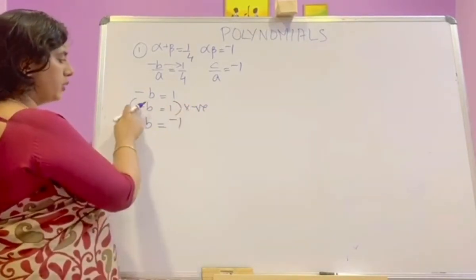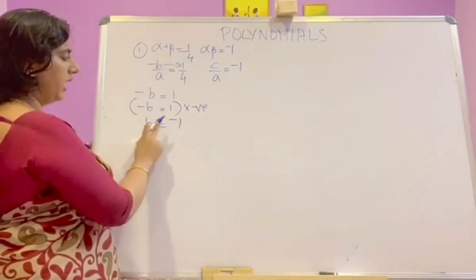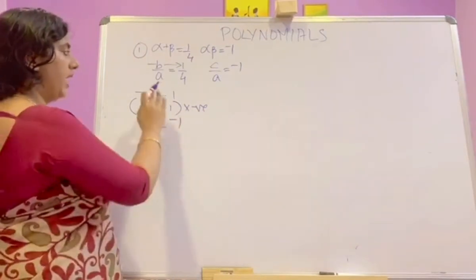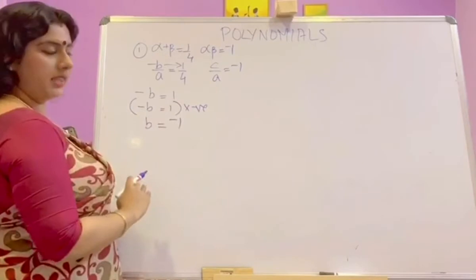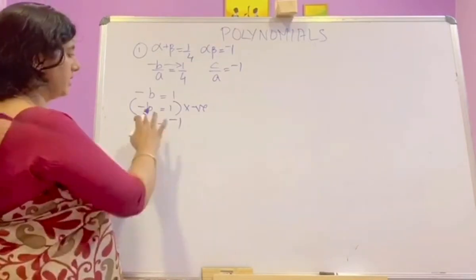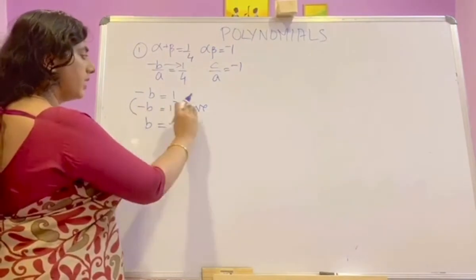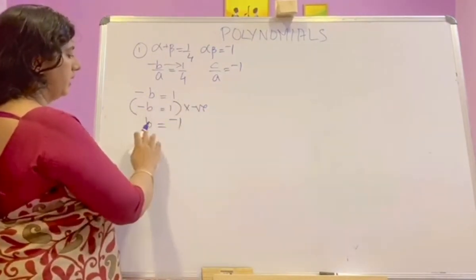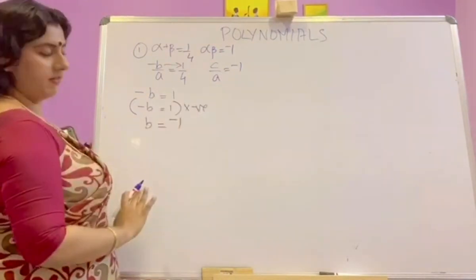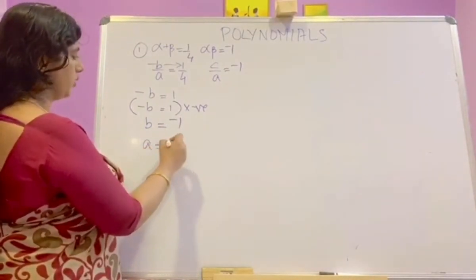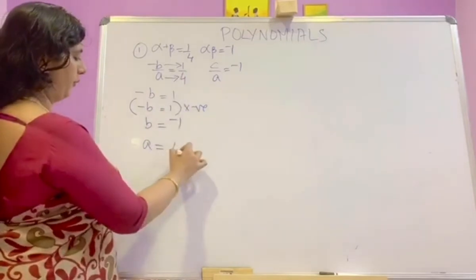Then negative into negative b is positive b, negative into 1 is negative 1. That is simply, if negative b is 1, then b is negative 1. This is the method I have used here, that is, whole into negative. So b is negative 1, a is equal to 4.